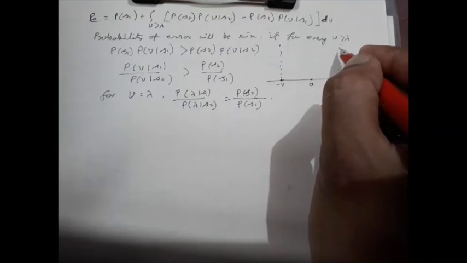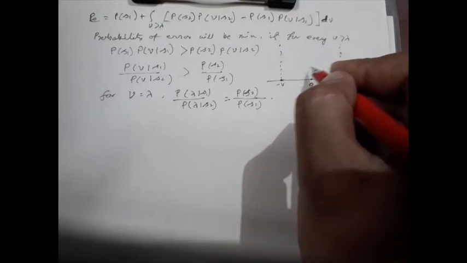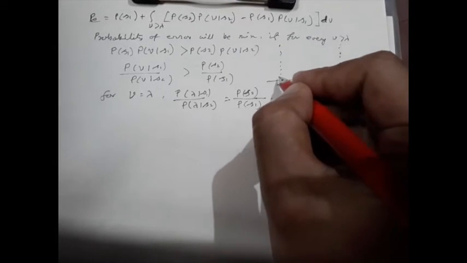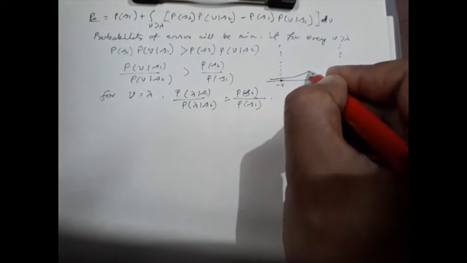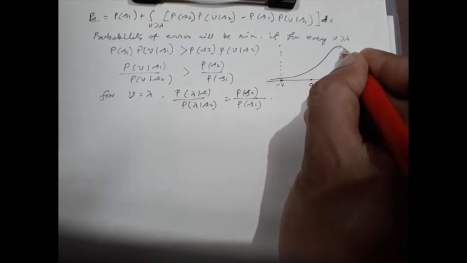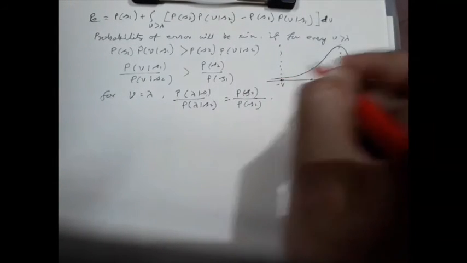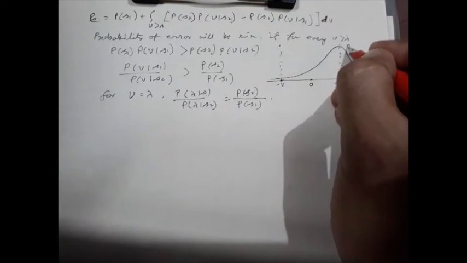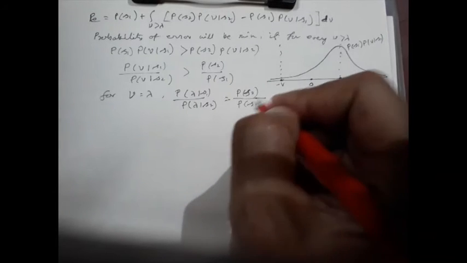Now the likelihood of S1, assuming it is a Gaussian distribution, will have a peak here and follow a bell-shaped curve. This is P(S1) P(V|S1), the likelihood of S1.